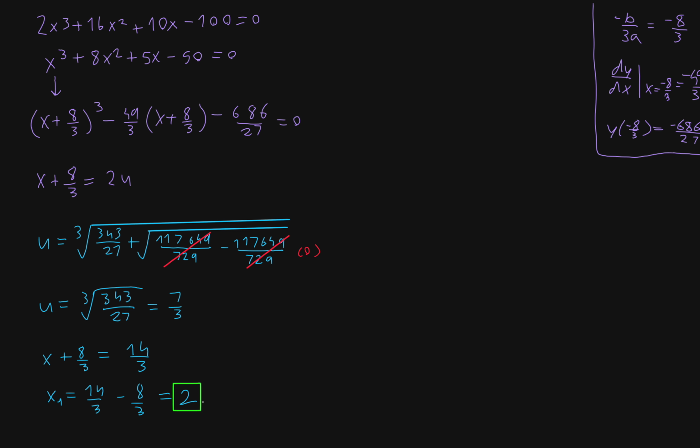Single real solution. Now for the repeated solutions, again, that just basically comes from the cube roots of unity part, just that the imaginary parts cancel out. You already saw that. I'm just going to put it into negative u. So x2 and x3 is going to be equal to negative u. So that's just going to be negative 7 over 3 minus 8 over 3.